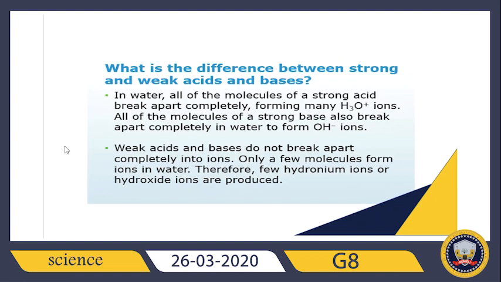So we will have a small number of hydrogen atoms released into the solution, and this will result in forming what? A few hydronium ions. So again guys, for strong acid, all the strong acid molecules will break apart, and it will result in the formation of many hydronium ions, while for the weak acid, only a few of the molecules will break apart.